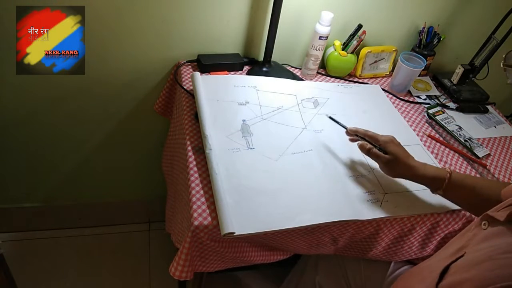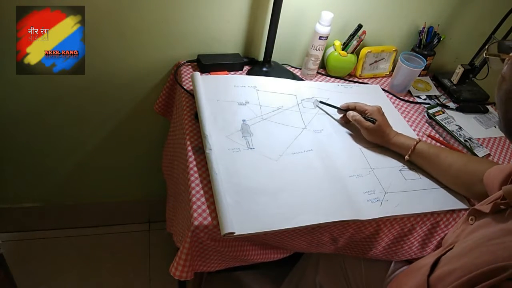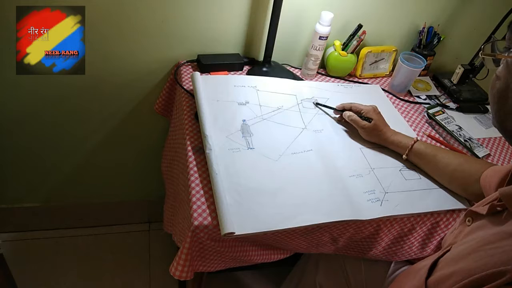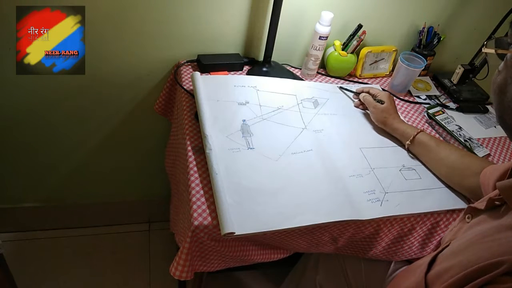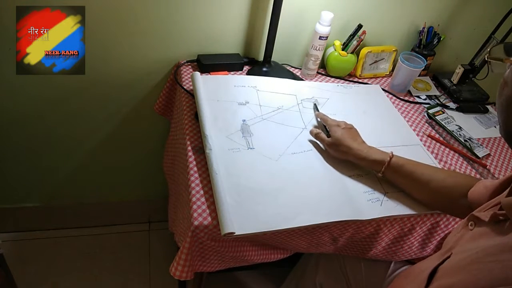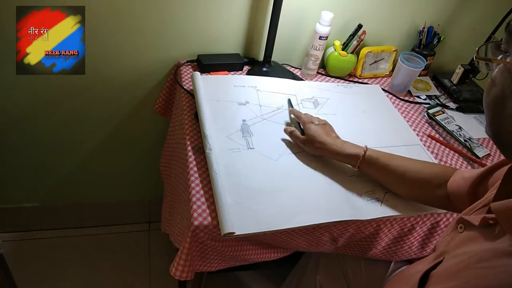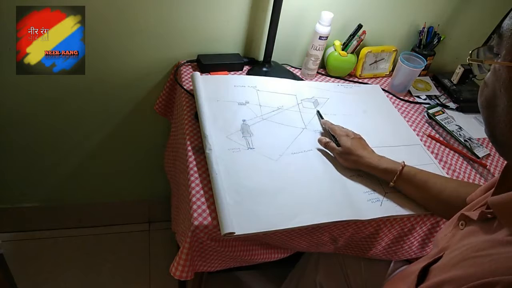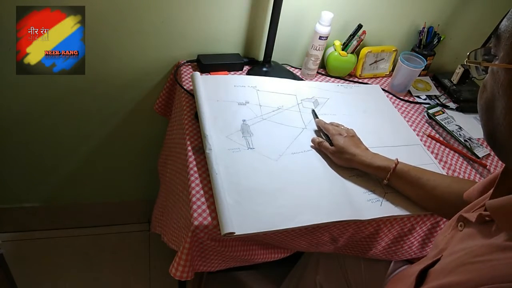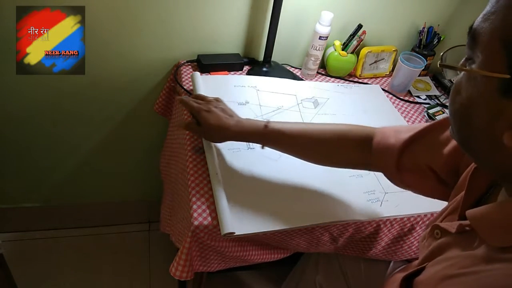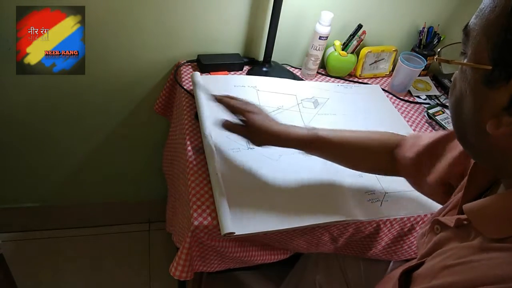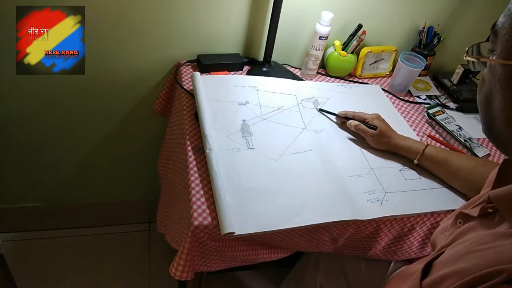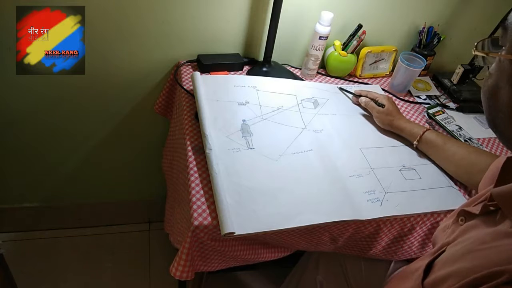That is why when we are seeing this box, the horizontal line of this box tends towards this vanishing point, and another horizontal line will be tending towards some other point here. Similarly, this horizontal line will also tend towards this vanishing point, and this horizontal line will tend towards this vanishing point.